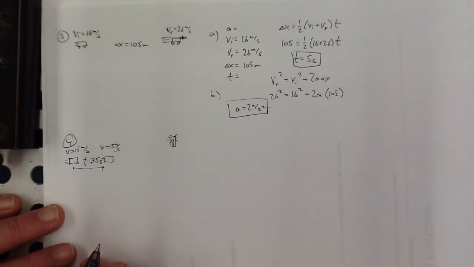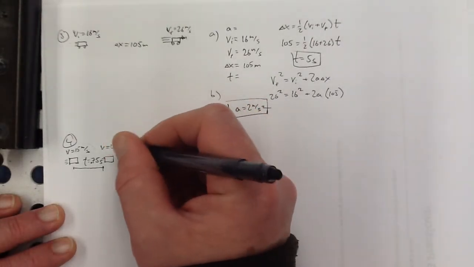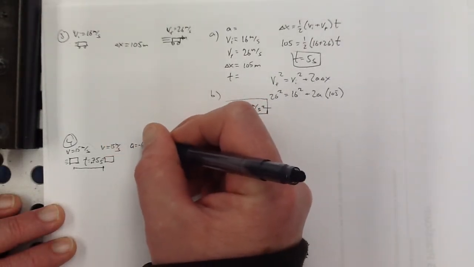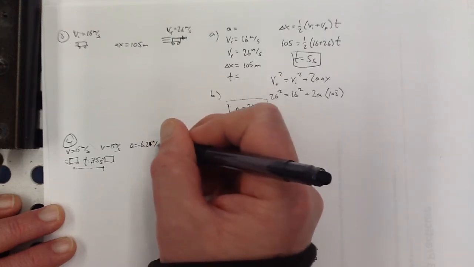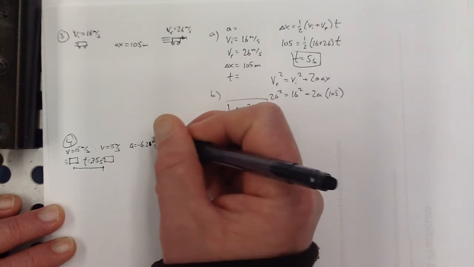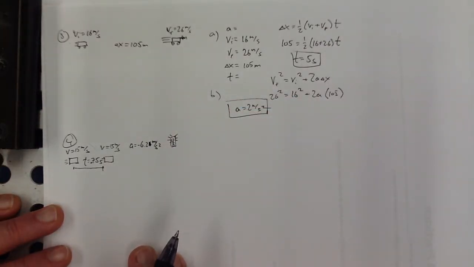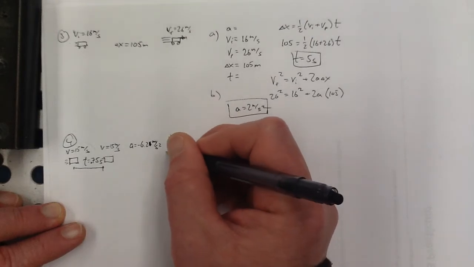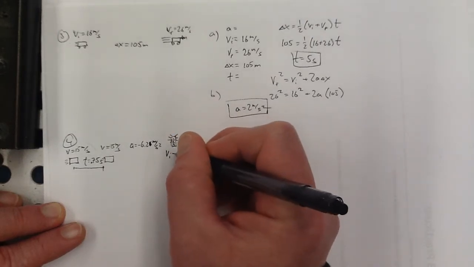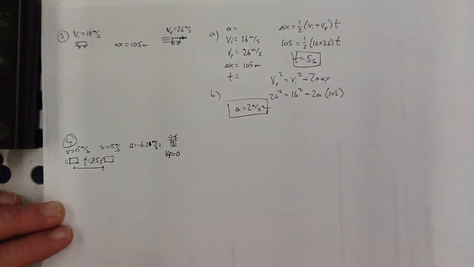And then the car is going to start slowing down. If you're going to slow this velocity down, then you're going to have a negative acceleration. Just 6.2 meters per second squared, negative. And we want to know what's the total stopping distance of the car. So we're stopping, hopefully somewhere near the red light, with a final velocity of 0.